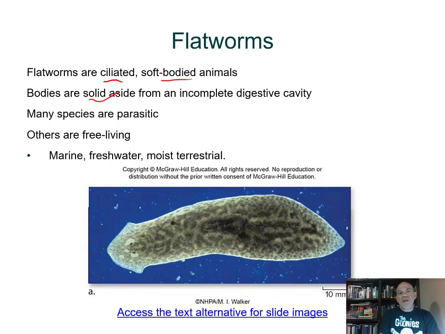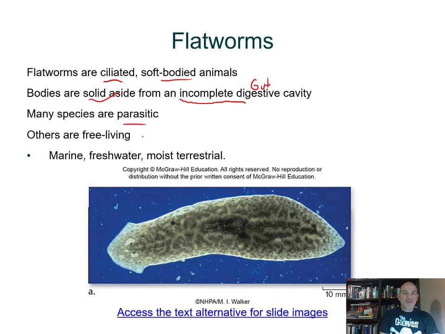So their bodies are solid, so there's no body cavity. And they're only going to have one opening. They're not going to have a mouth and an anus. They're just going to have an opening, a mouth, and a muscular pharynx. And so any waste needs to come out the same way. So that's referred to as an incomplete gut. So they say incomplete digestive cavity. You can also say gut for that.